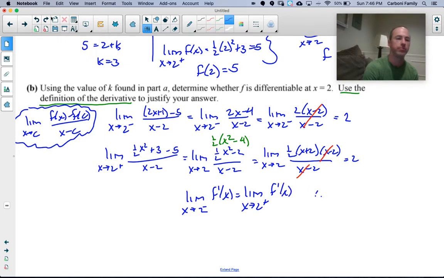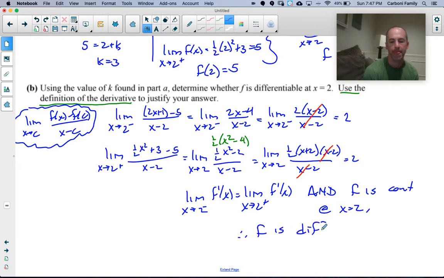Therefore, and by part A, f is continuous at x equals 2. Therefore, f is differentiable at x equals 2.